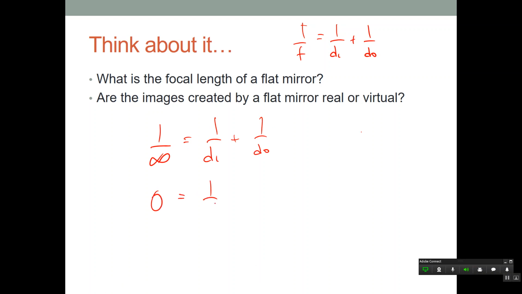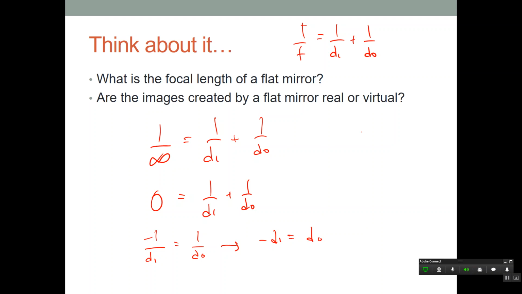And let's do some algebra. I'm going to move one term to the other side, so it's negative 1 over di equals 1 over do. And I can invert each side and say that negative di is equal to do. So whatever the distance of the object is in a flat mirror, it's going to be the same distance on the other side for the image. Simple as that.